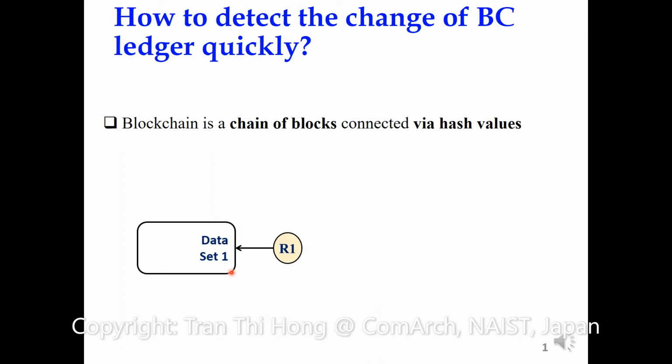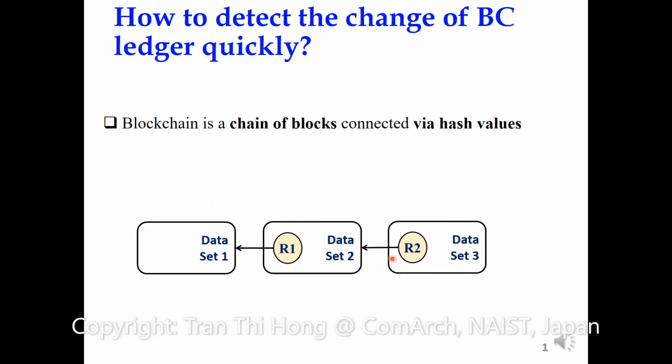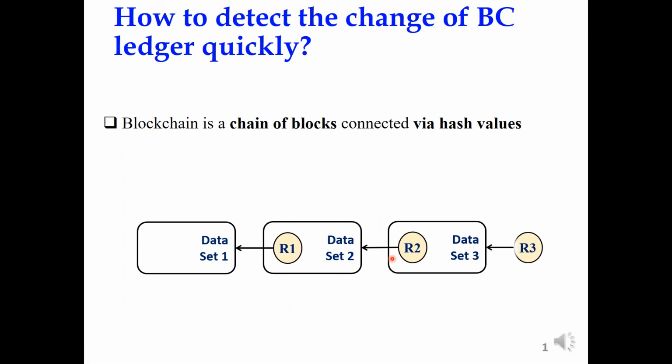To create a new block, we must first compute the hash R1 of the data in block 1, and then this hash combines with dataset 2 stored in block 2 to form new information. Then we compute the hash R2 of dataset 2 and R1. Similarly, R2 is combined with dataset 3 to make a new block, and then we compute the next hash R3 for the new block, and so on.